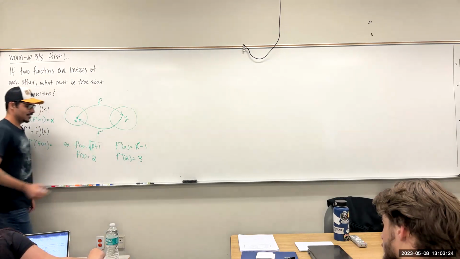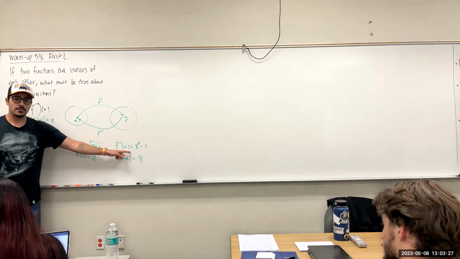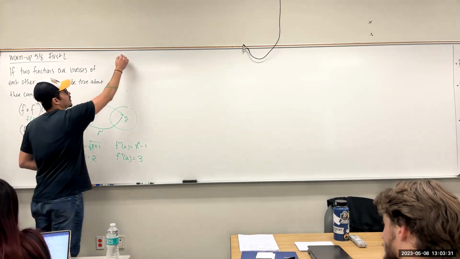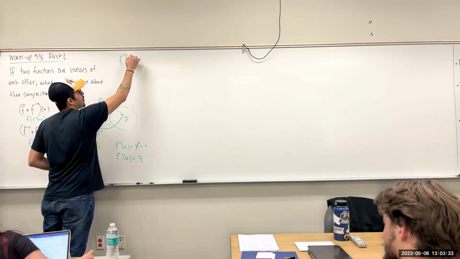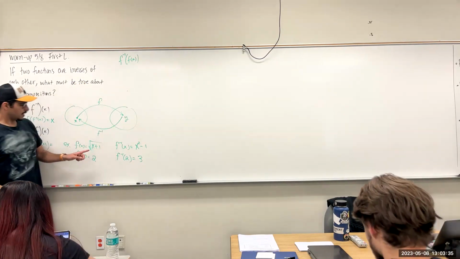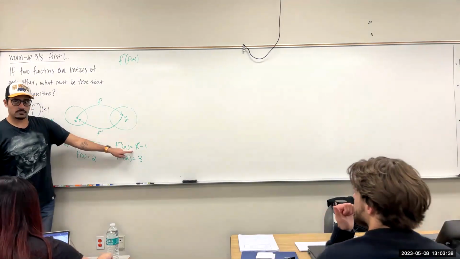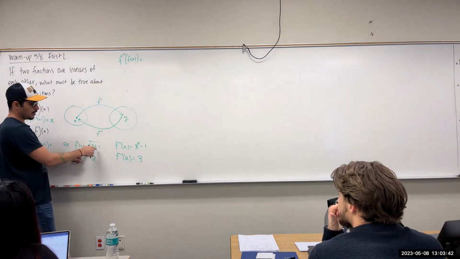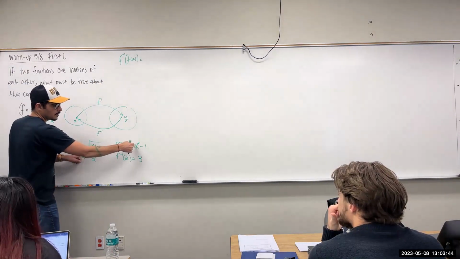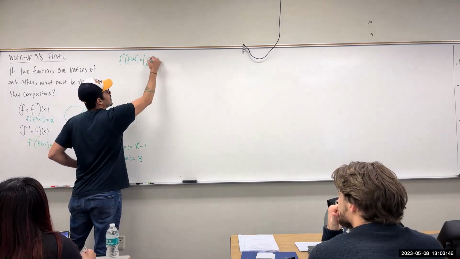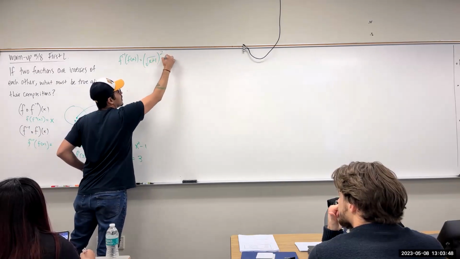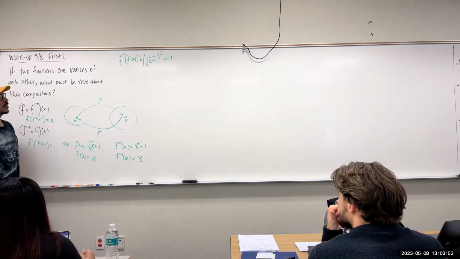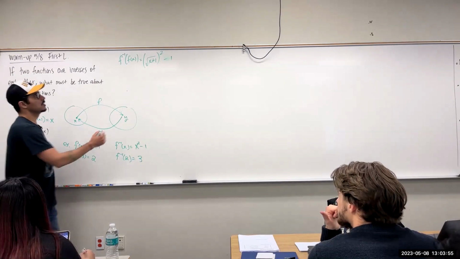All right, good. So yes, these are the inverse functions of each other. But notice what happens if you compose. Let's say we plug this guy into this function. Then this square root of X plus 1 gets plugged in here, and minus 1 at the end. What happens with the square and the square root?